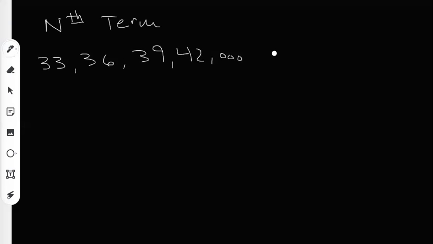And what I want to do for this one is I want to find the 11th term of this sequence. Am I adding or am I multiplying? Well, I'm adding, right? I'm adding 3 each time.